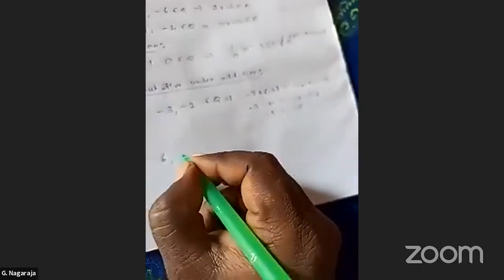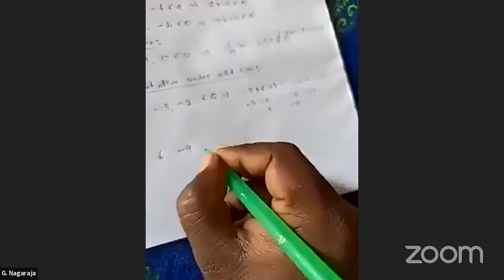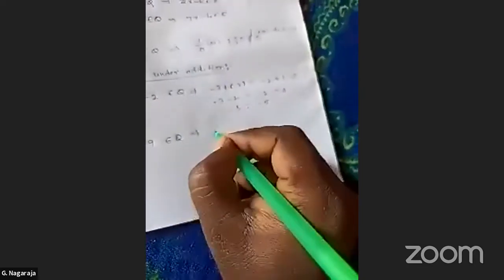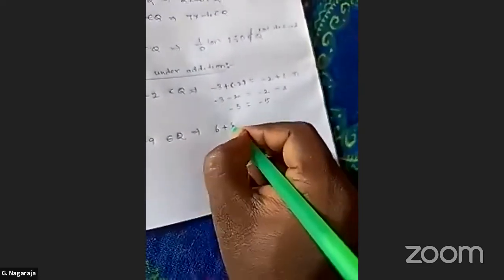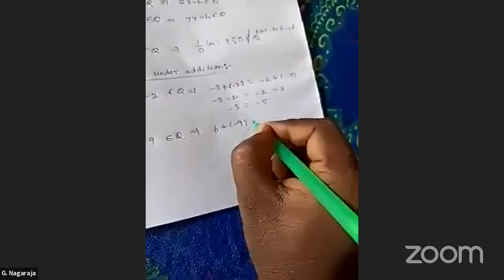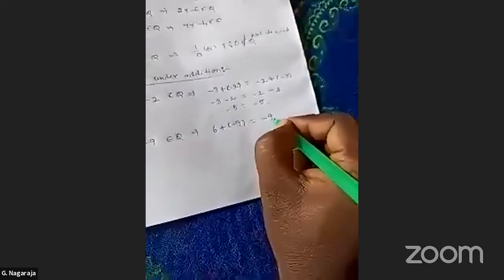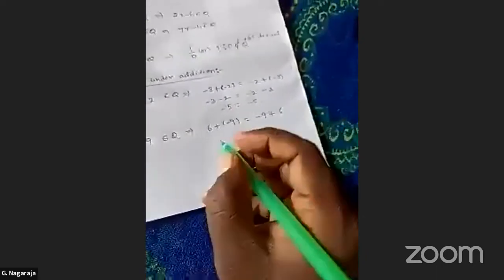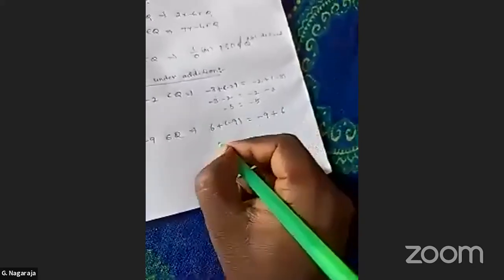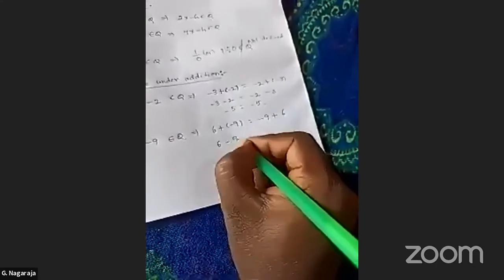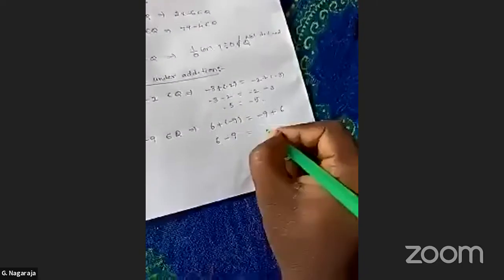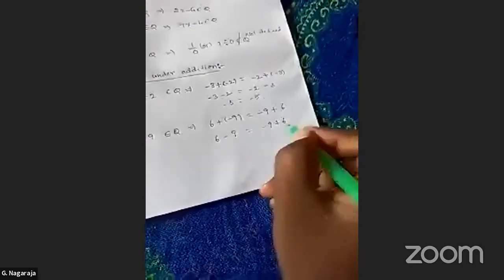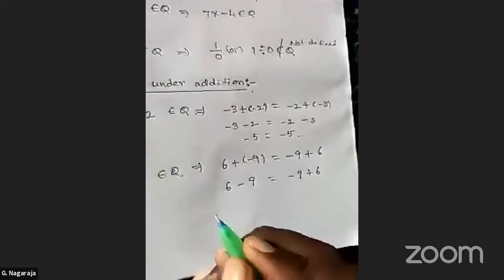Another example: 6 comma -9 belongs to Q. Then 6 plus -9 is equal to -9 plus 6.